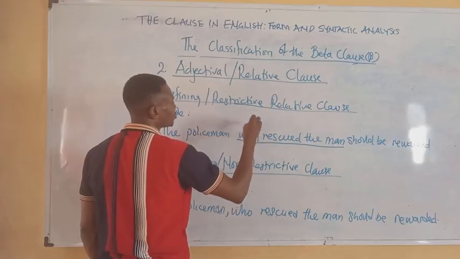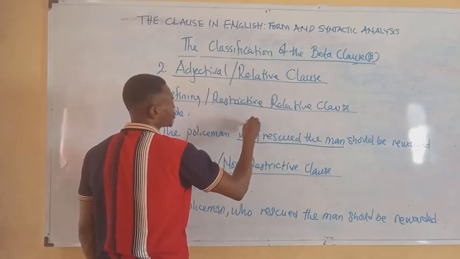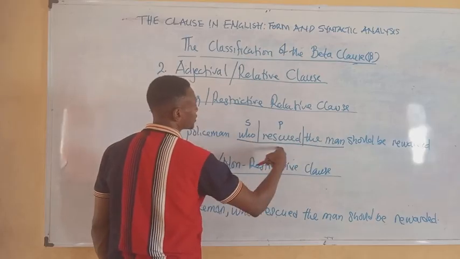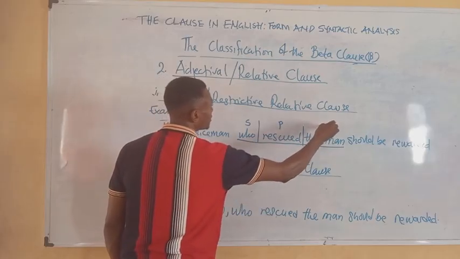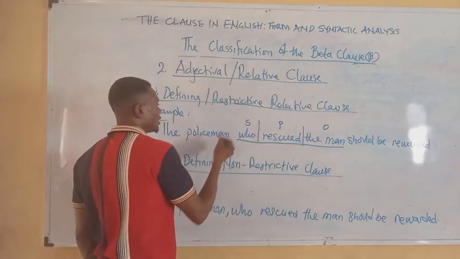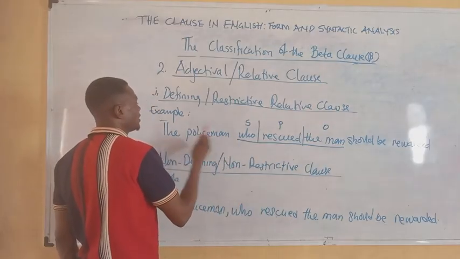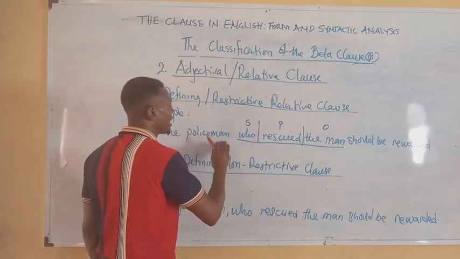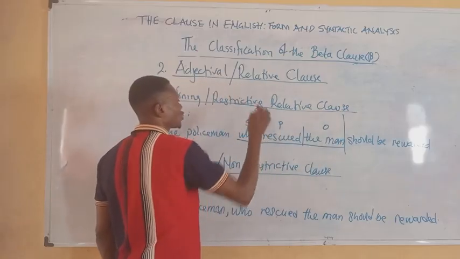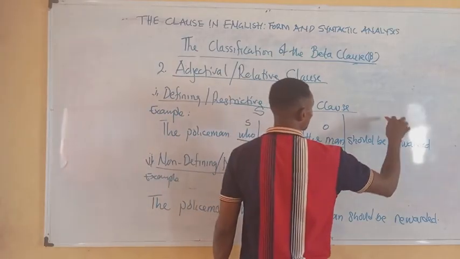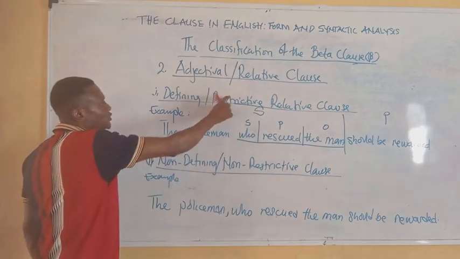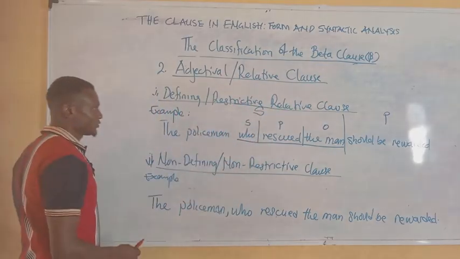Who is the subject, rescued is the predicator, the man is the object. So now the full realization is the policeman who rescued the man. Here, all is subject. So should be rewarded is the predicator. So this is called the restrictive relative clause.